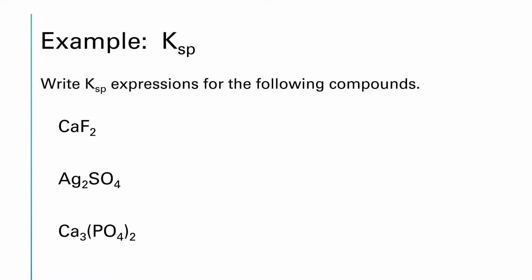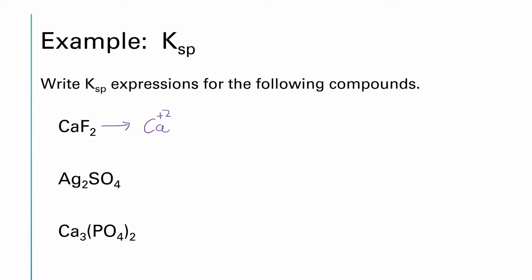Let's work a couple of examples where we just write the KSP expressions for these compounds. Now, when these compounds dissolve in water, they are going to produce the aqueous ions. So we need to first start by writing what that reaction will be. Calcium fluoride will give us Ca+2 ions, right?